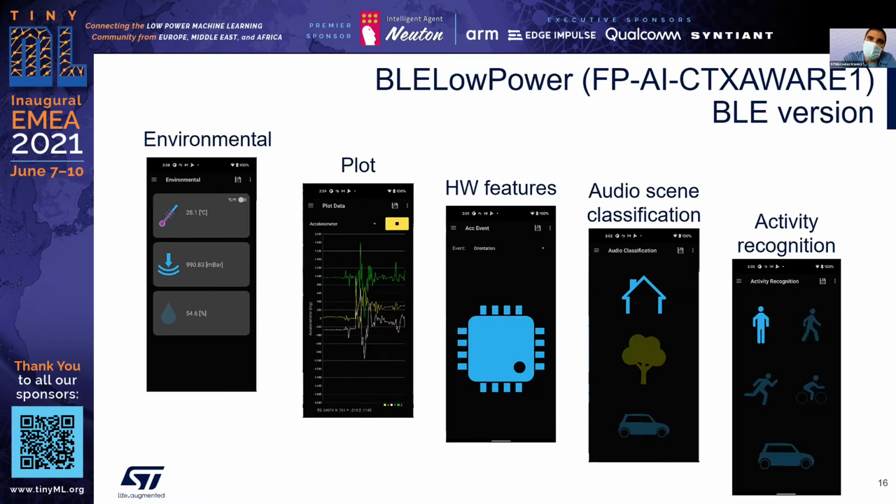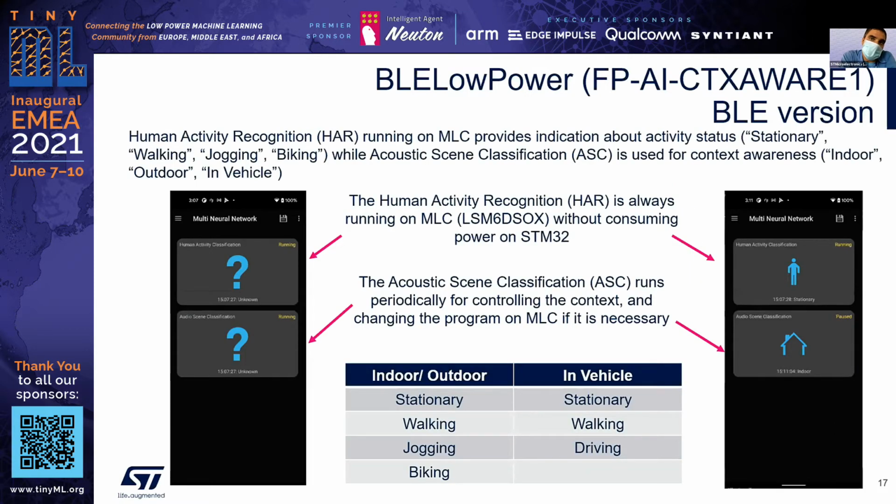And finally, you have a dedicated view for each AI algorithm, the audio scene classification and activity recognition. Then in this specific function pack, you will also have a dedicated view for the combined mode of the two algorithms, where you can run the two algorithms together.